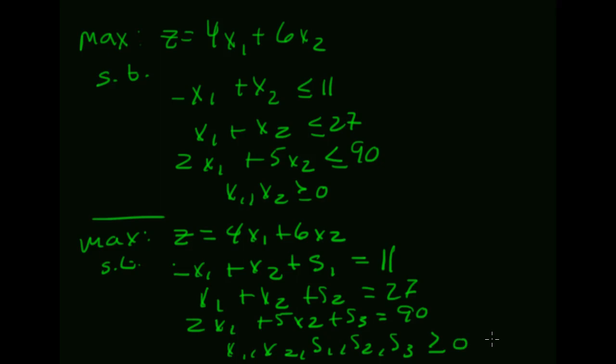Now, the total advantage of this is that I can rewrite all of this as a sophisticated augmented matrix. So let's take a look at what that looks like. To build my augmented matrix, I'm going to put the constraints in the top.